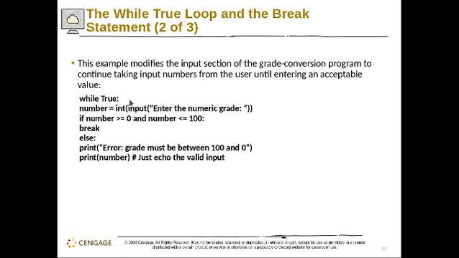So while the condition is true, which is a number greater than 100 or less than 0, it will iterate. This one is a bit of a challenge again to write, because it runs contrary to what you would logically expect in writing your program.